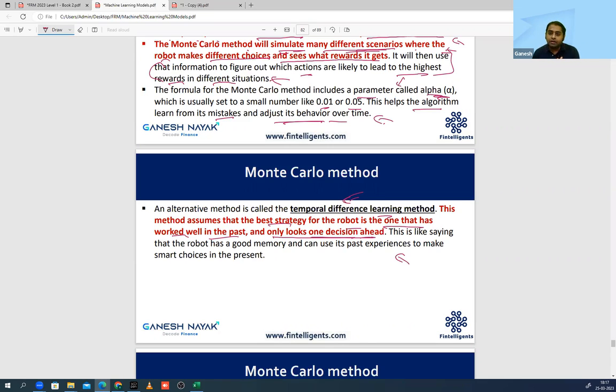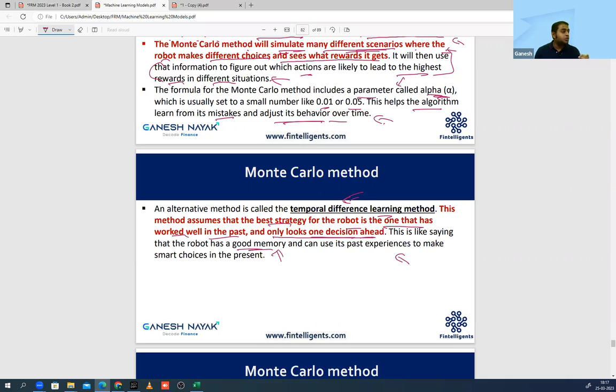You got the idea? You're not taking very extreme decisions. Whatever happened last, you keep that in your memory and you take decisions accordingly. Simple. So the robot has a good memory, in the sense of however much past experience there is. I have taken an example of only one match, where on the basis of what happened in the last match we take the decision.